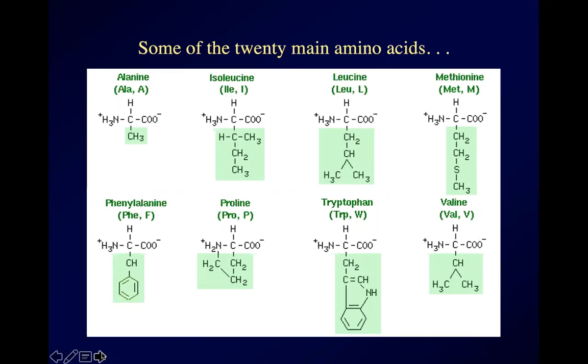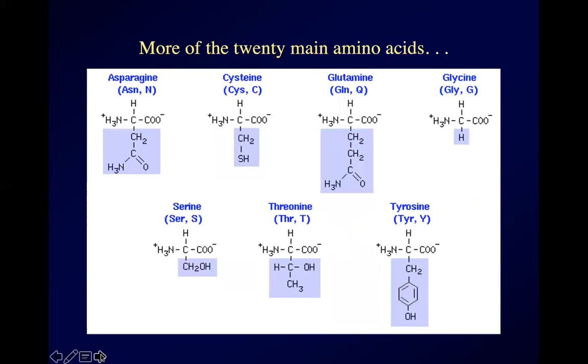You can see that some of the R groups are very small. Some of them, like phenylalanine, are actually a ring of carbons and hydrogens. Tryptophan has a double ring. Here's some more. The shaded stuff, again, is different R groups.